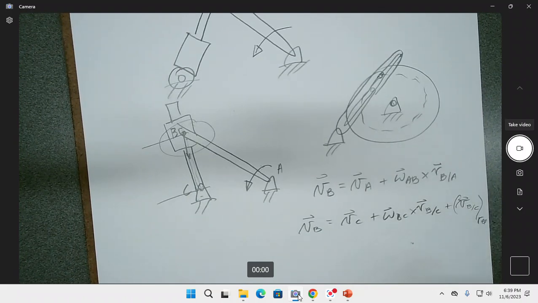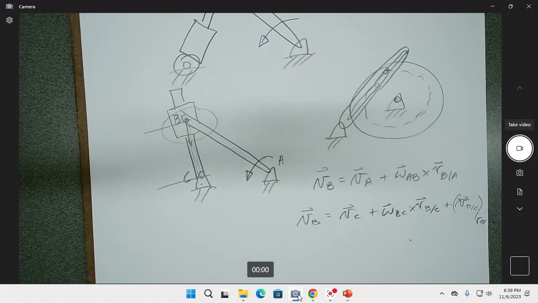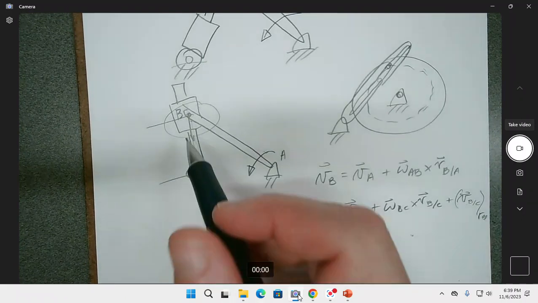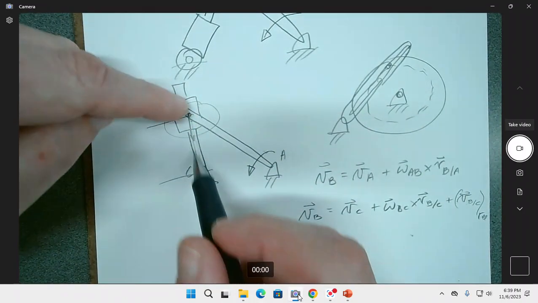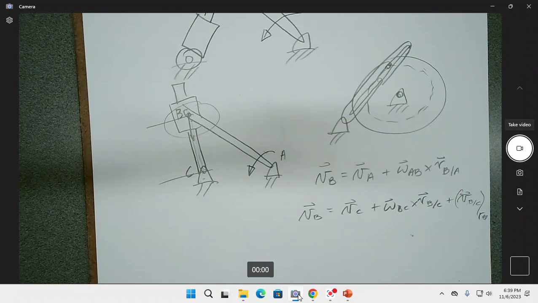Call this the rel. Because these are changing, this effective length is changing between B and C. Because it's not VBC, it's the relative velocity of... I don't know why my brain is just getting caught on it. I got you. VBC. There are two unknowns, the magnitude of this and the magnitude of that.